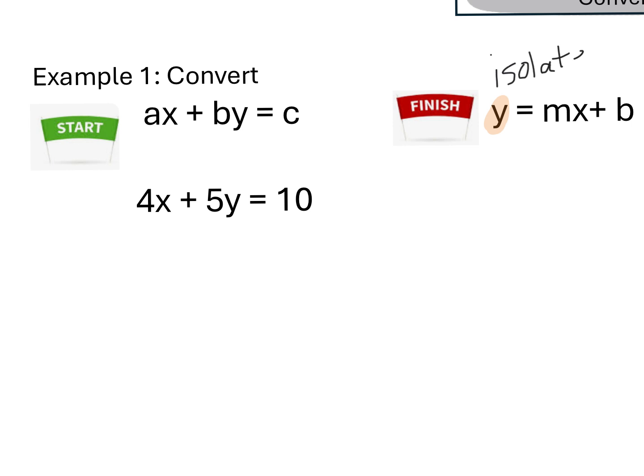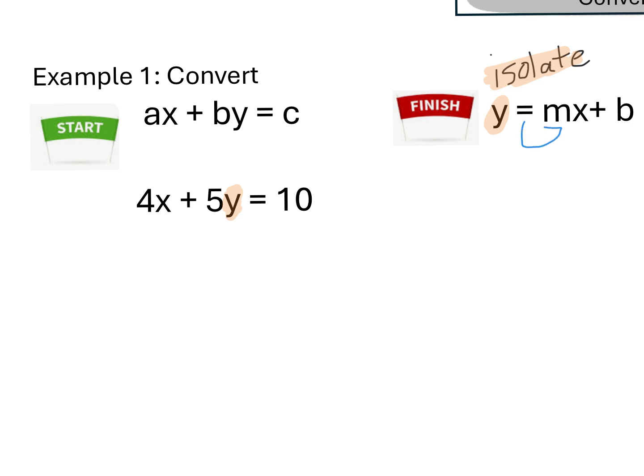And remember, in math, that means that the y is isolated. So we need to do a series of steps to get this y in our standard form to be by itself.